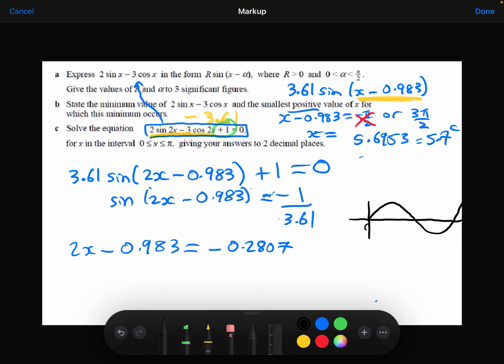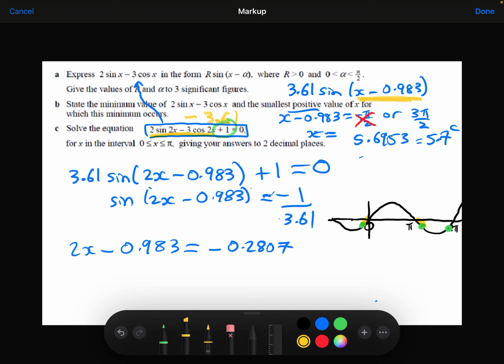So 0, pi, 2 pi. I know I don't need to go further than 2 pi because I only want my answers up to pi. I'm going to go a little bit further back though because my first solution was negative. My first solution was minus 0.2807, which is there. So there'll be another solution here and another solution here. I know this is 0.2807.